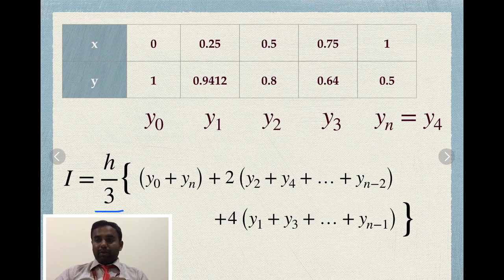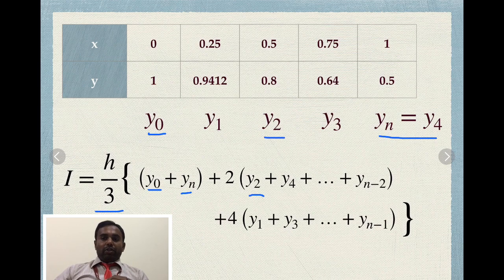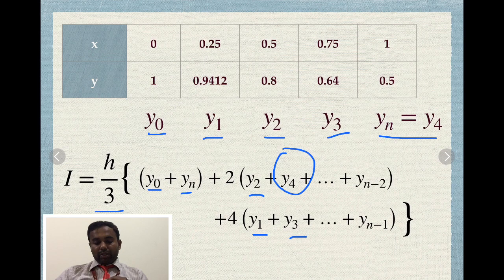Y naught will be substituted first, yn will be substituted next, getting it? Then I have 2 times y2. Then 4 times y1, y3.